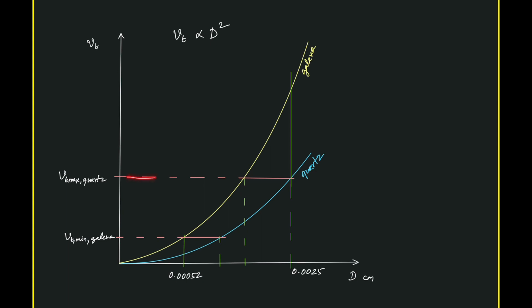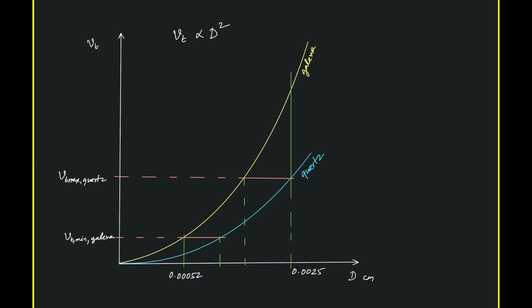If you operate at this velocity, what will happen? The galena, which has a still higher settling velocity, will simply settle, and all the other material will be floating.